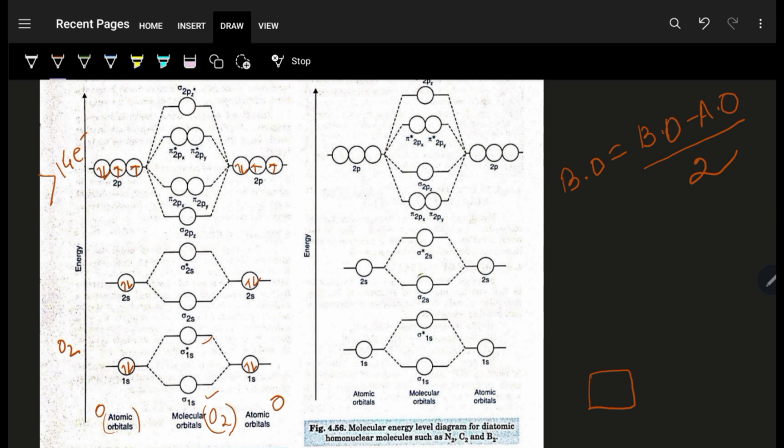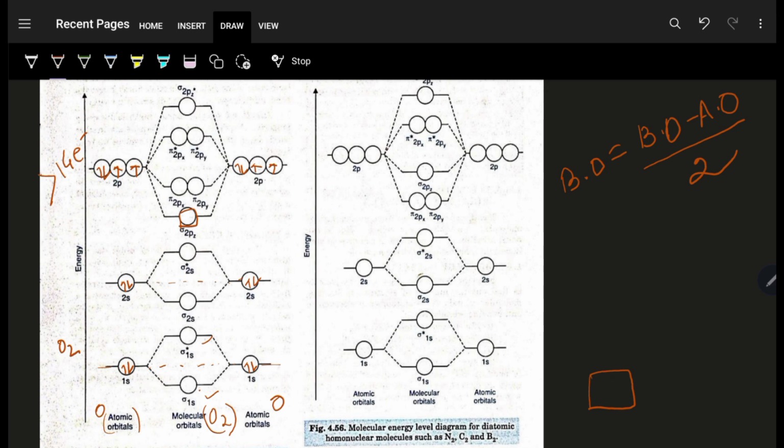When you are drawing sigma 1s, you consider the barycenter and make the bonding and antibonding orbitals. Now here again you make the bonding and antibonding orbitals, and for p you need to be very careful. There is one below, that is your sigma 2pz.